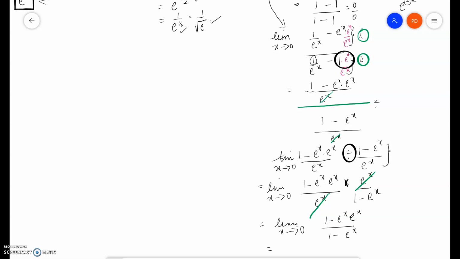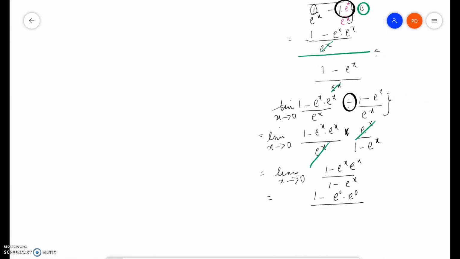So we have 1 minus e to the 0 times e to the 0. Remember, x is equal to 0 when we substitute. So we have e to the 0, that's 1 minus 1 over 1 minus 1. So we still have the same problem, which is 0 over 0.